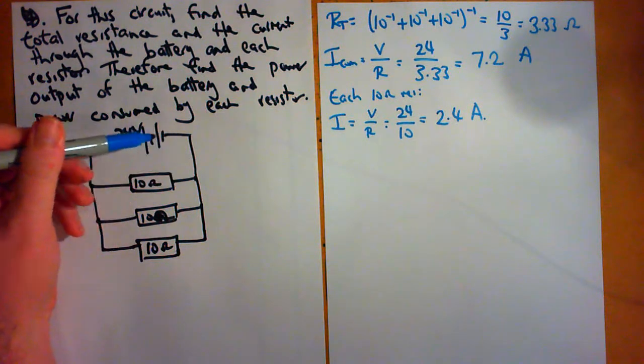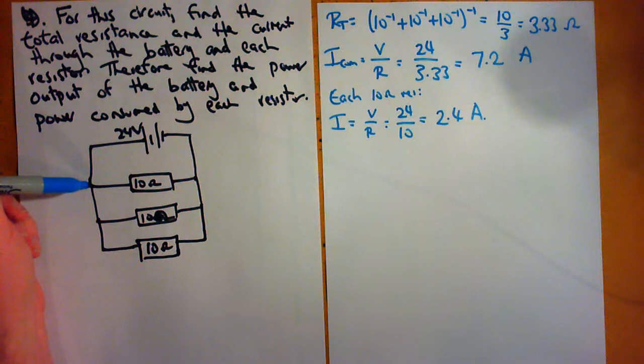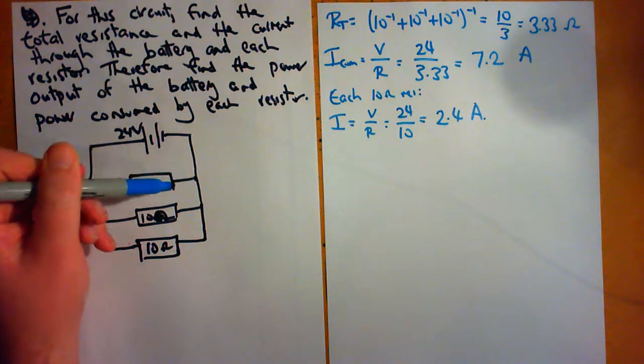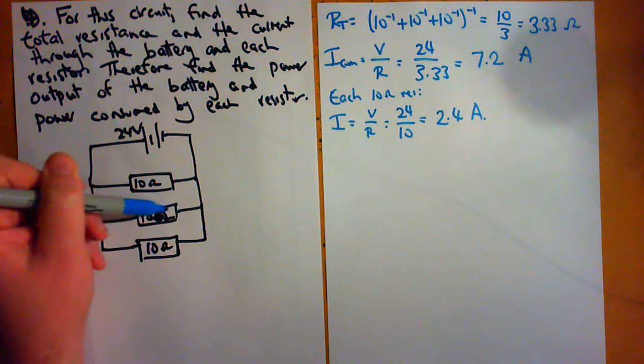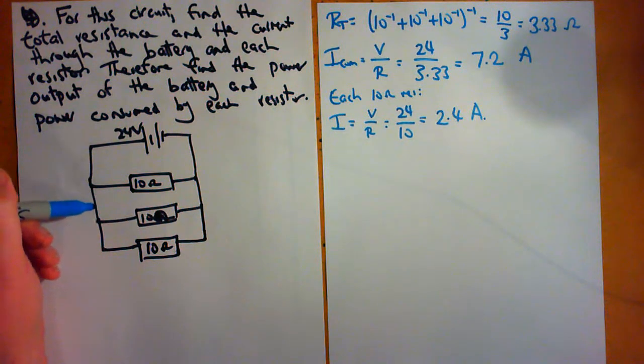So 7.2 amps through this part, and here we will get 2.4 through the first resistor, 2.4 going through the second resistor, so that'll be 4.8 going through this part of the wire. At this junction, it's going to split into 2.4 that way, 4.8 that way.